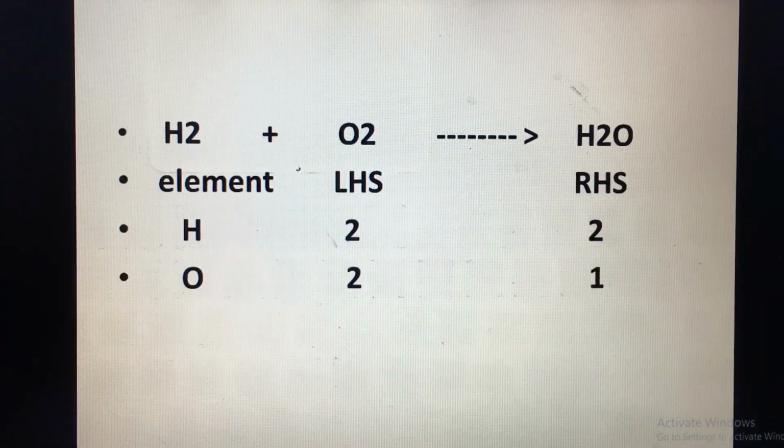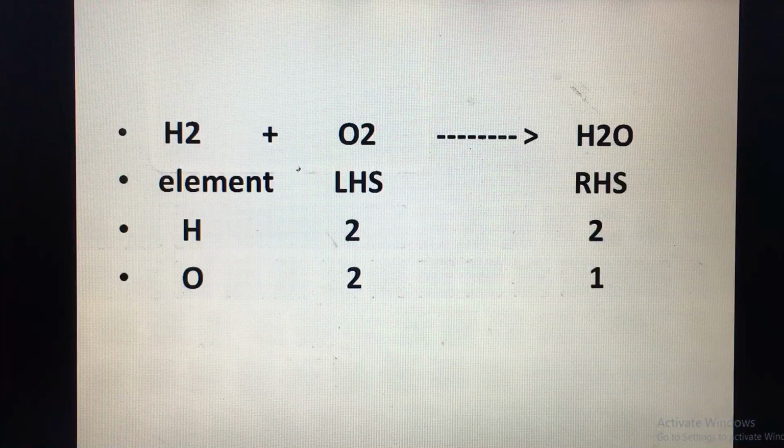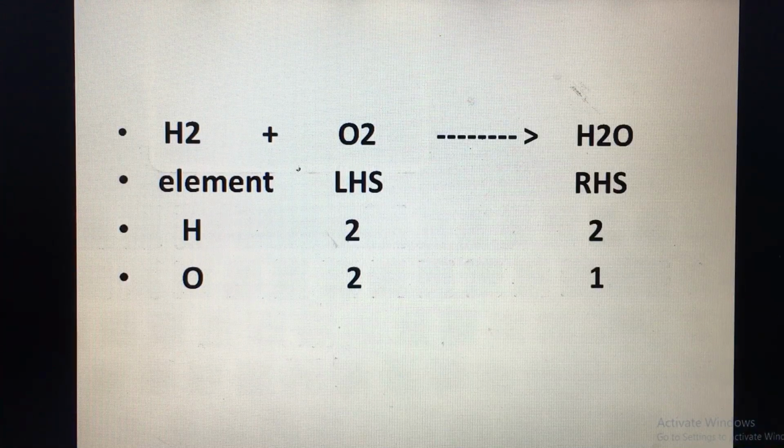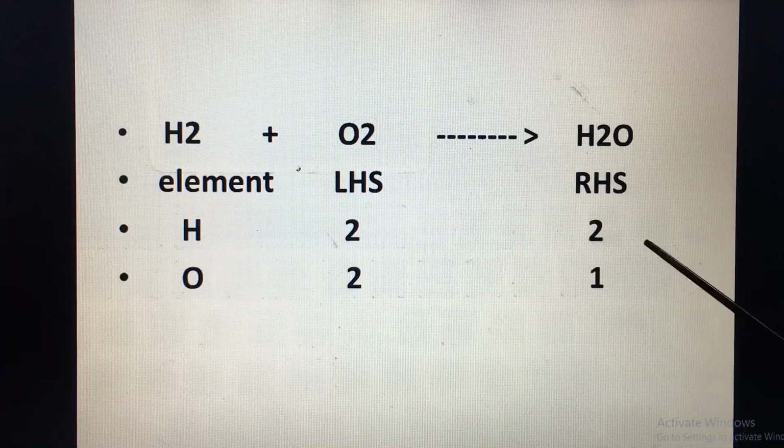So we need to balance this equation, and I am going to make the number of atoms of each element the same on the left and right side. So how do we do that? One simple trick is the row by row method, or element by element method. Here hydrogen is balanced.